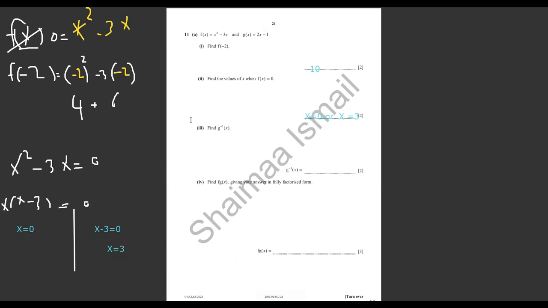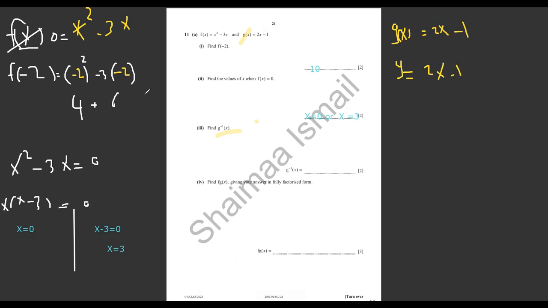Okay, here he needs the inverse. When we make the inverse, my favorite way, we just flip the x and y. He needed the inverse of g, so we take g of x, which is y, and put x instead of it. Let's do this together. He gave you g of x equals 2x minus 1.